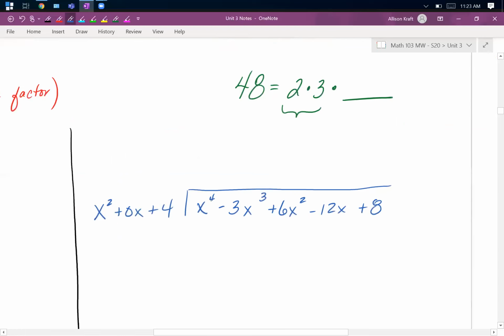And we'll divide. x squared goes into x to the 4th x squared times. We'll multiply x squared by our entire divisor. x to the 4th plus 0x to the 3rd plus 4x squared.